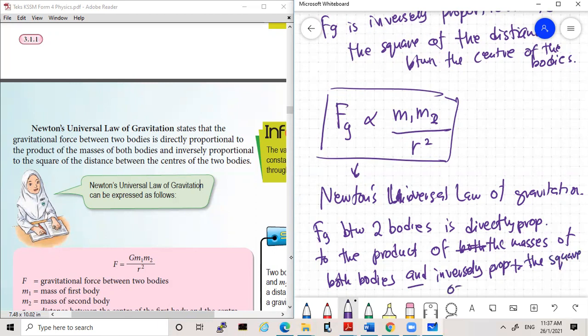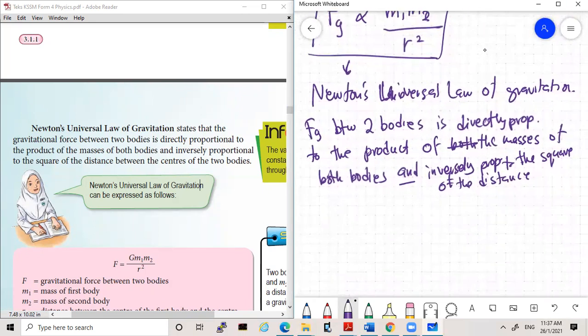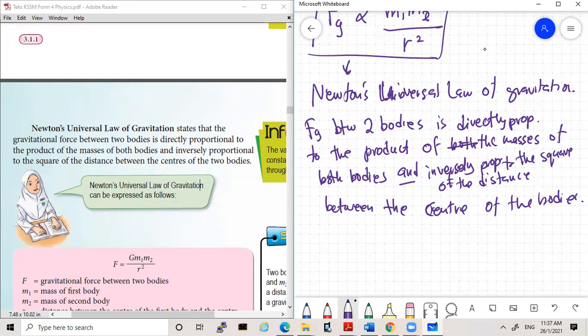Distance between the centers of the bodies; always measure from center to center. So that is all about Newton's universal law of gravitation.